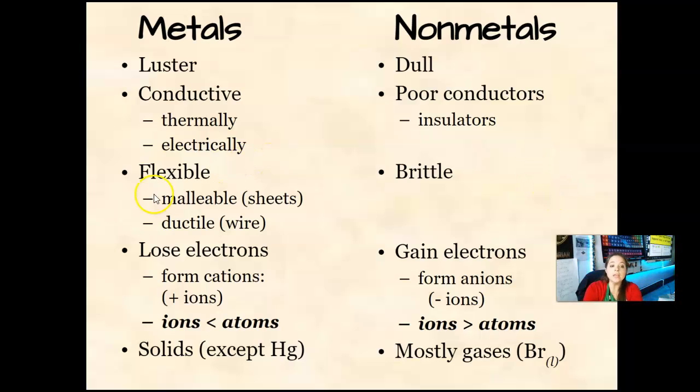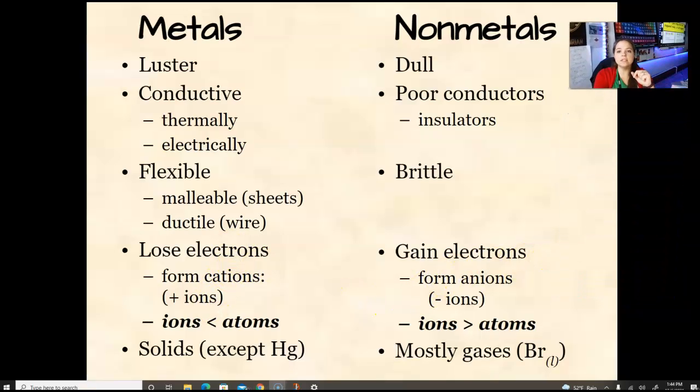And these metals form cations because they lose electrons. The ions are going to be smaller than the atoms. So a normal atom would be like this; when it loses electrons, it's going to be a little bit smaller. And they are solids except for mercury. Mercury is the special one.